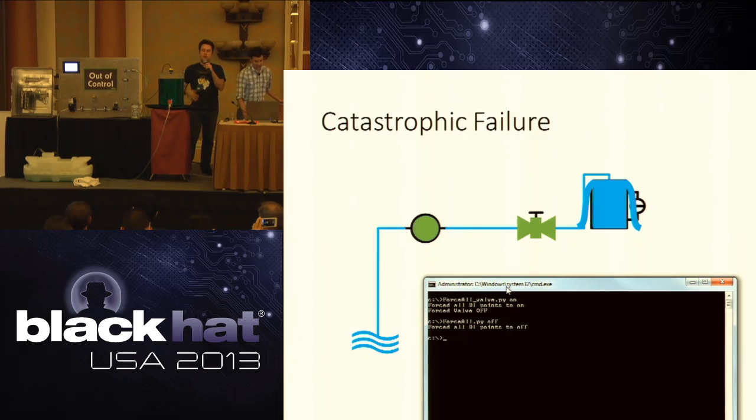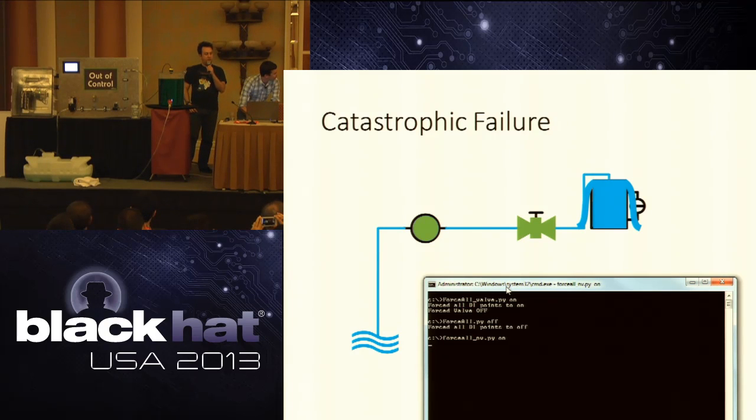A lot of operators think the worst thing that can happen is they lose visibility into their process, but the worst thing that could happen is a data incongruity, so they don't really see what's actually going on.